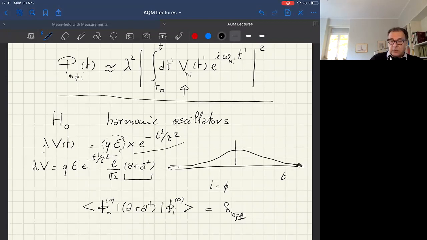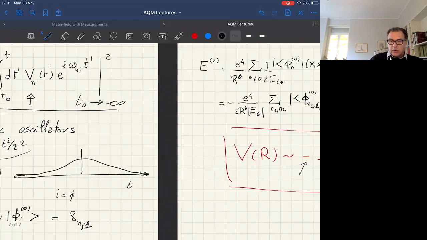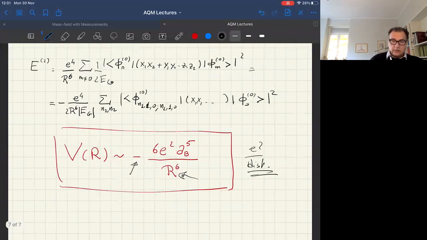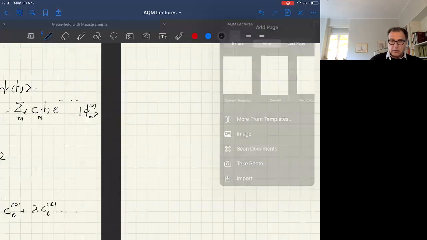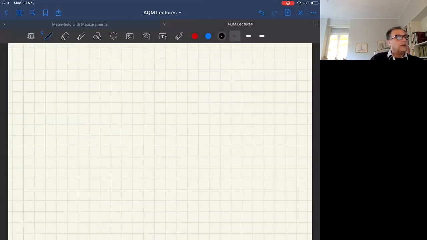Now, I have to do this integral, supposing that I take t0 going to minus infinity, and then as a function of t. Now, I want to know the probability when t is going to infinity, okay?